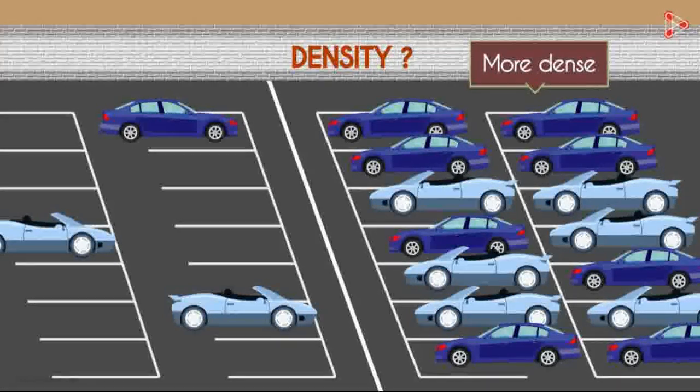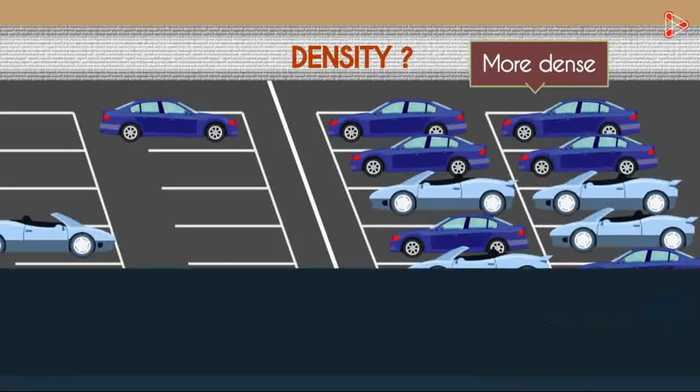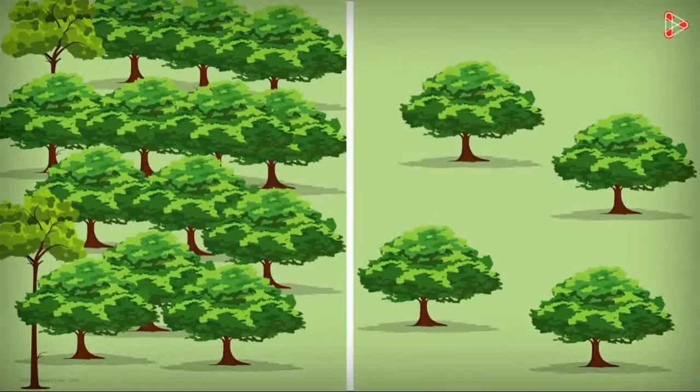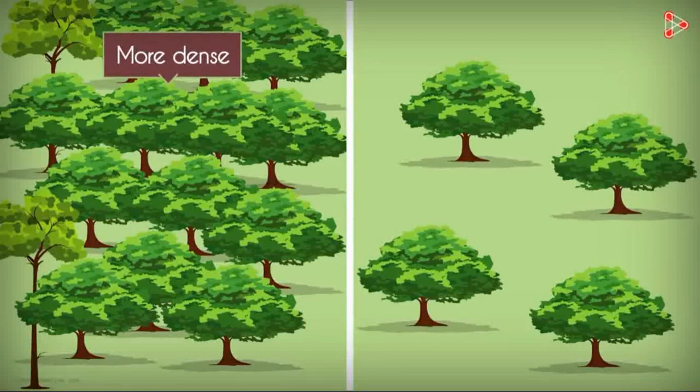This one, correct? Yes. Now look at these two forests. Which one is more dense with trees? Clearly, it's this one. So in the same given amount of space, if there are more things, we say that it's denser.